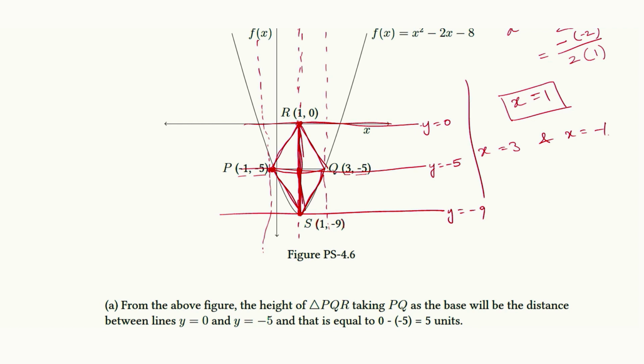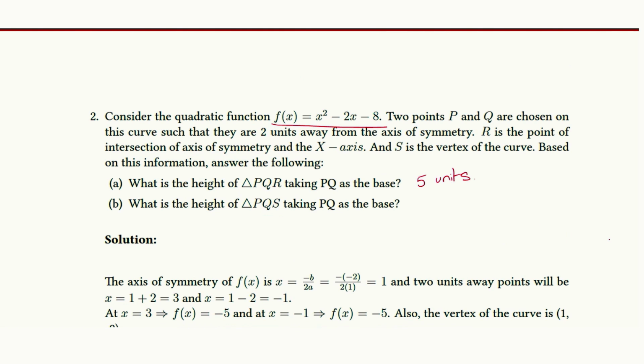The distance between these two parallel lines will be minus 5 minus minus 9, which gives us 4. So the answer to our second part will be 4 units.